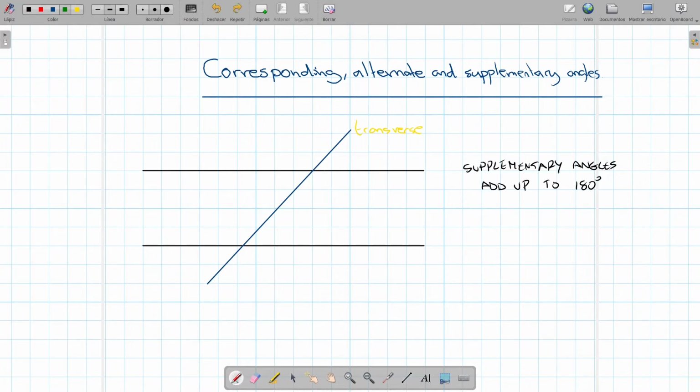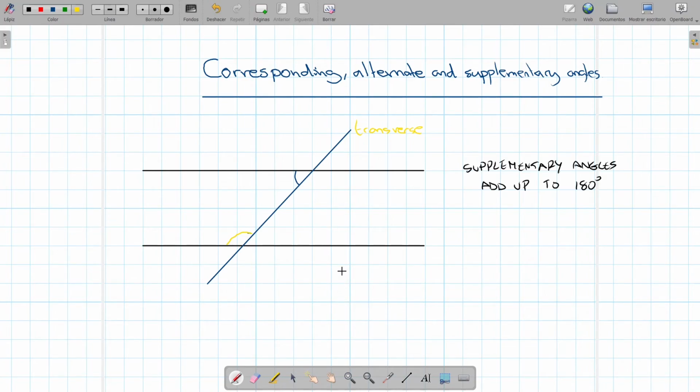So for example, this angle and this angle are both supplementary angles, and they add up to 180 degrees. And for the same reason, this angle and this angle are supplementary angles, and they add up to 180 degrees.